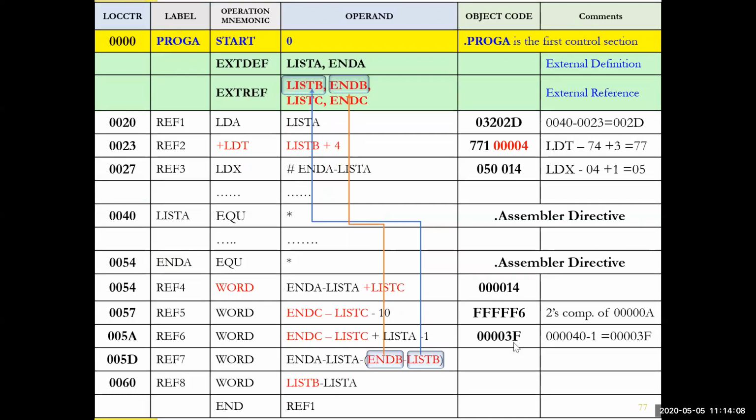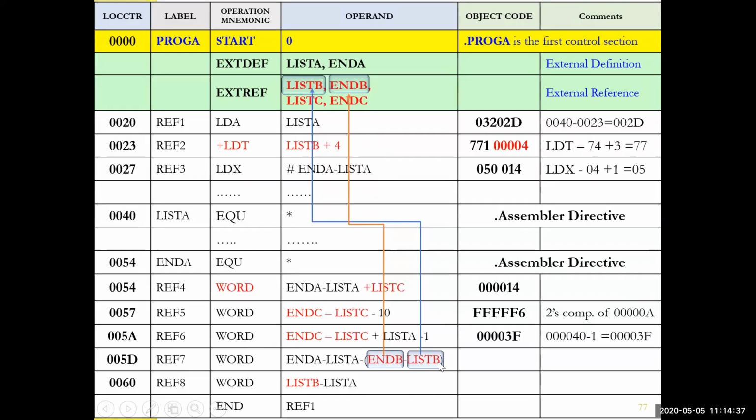We will now proceed with reference 7 and see how it is handled in program A, B, and C. So consider reference 7 in program A. The expression that defines the operand is given by four symbols, AND A, list A, AND B and list B. Since AND A and list A are defined in the same section, this expression can be partially evaluated using the values for AND A and list A. However, AND B and list B are external references, so their values are not available.